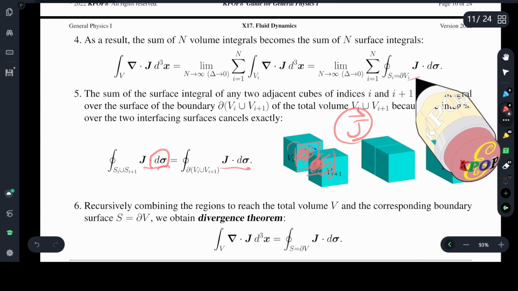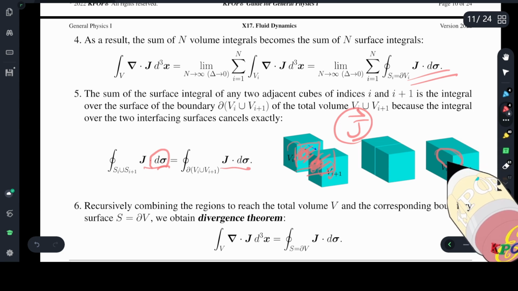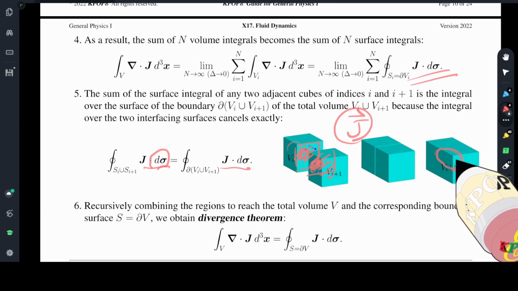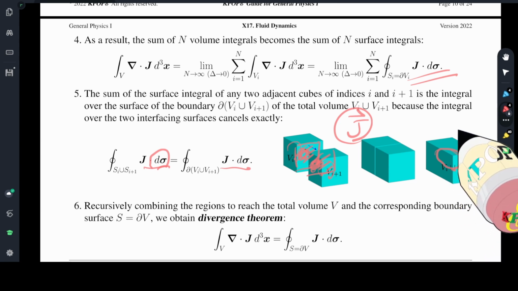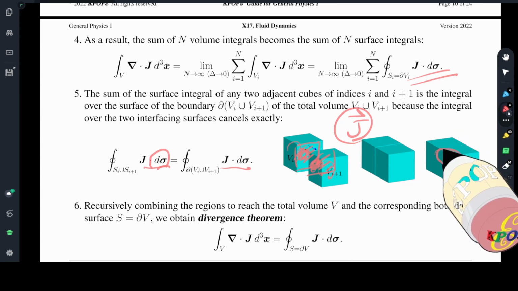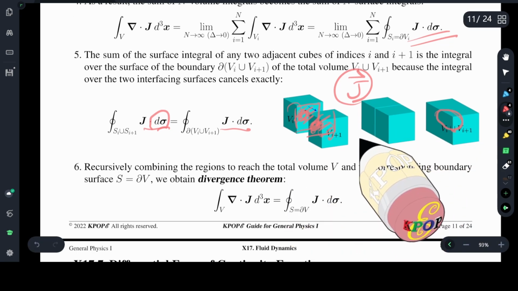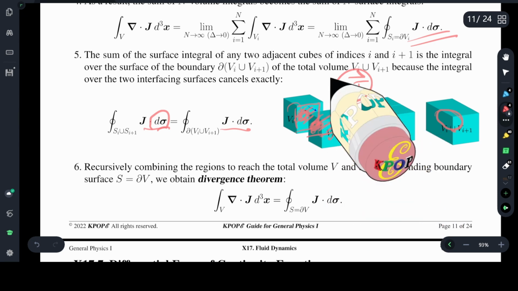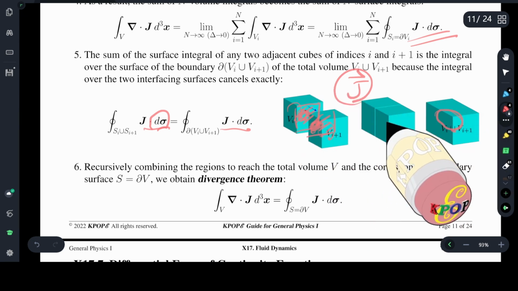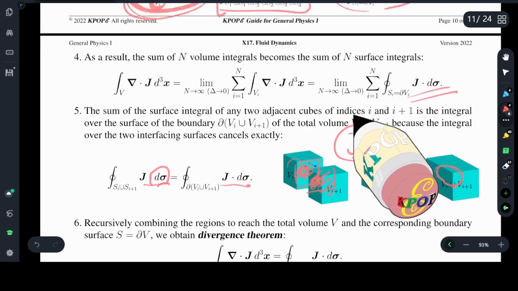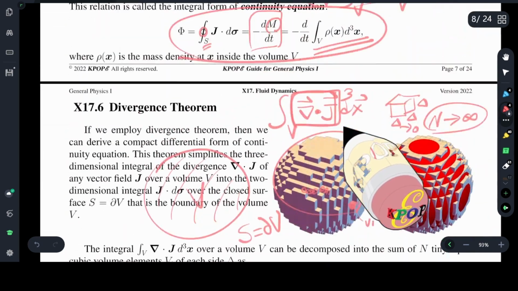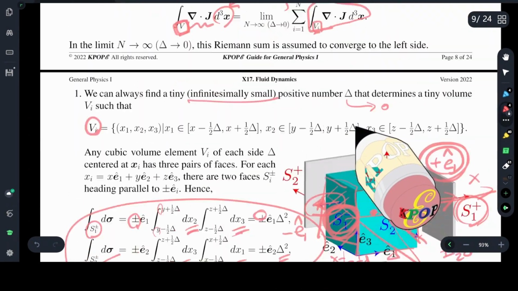As far as the surface integral is concerned, the overlapping surface disappears and the resultant surface integral is over the surface of the total volume. In this manner, we can combine the volumes and surfaces recursively to reproduce the original volume and surface.